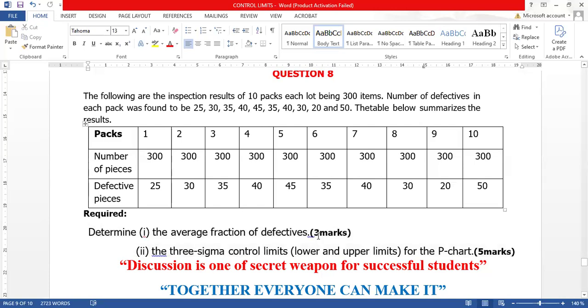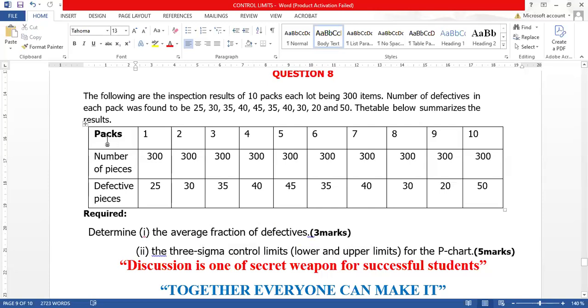In the situation where they have not said you determine average fraction in Roman 1, then this 3 sigma control limit will include also the average. Are we together? Average fraction is the mean proportion, not so? Yes, the fraction is proportion.